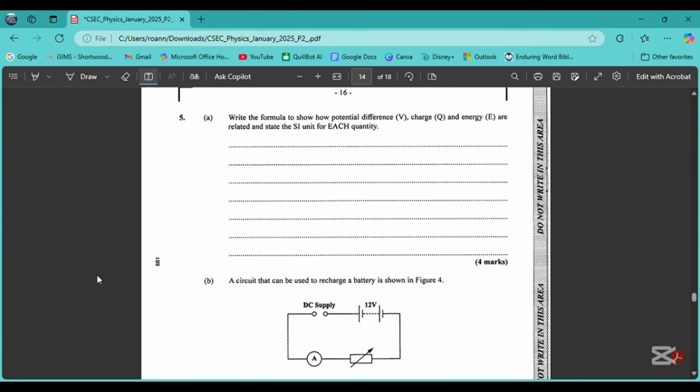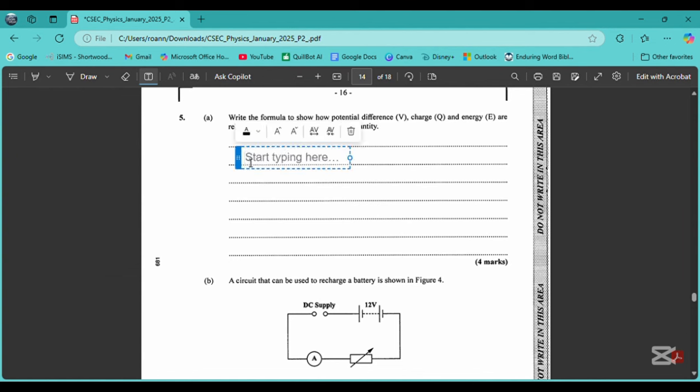And we move on to question 5. So write the formula to show how potential difference V, charge Q, and energy E are related, and state the SI unit for each quantity.